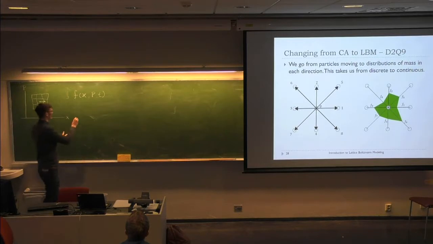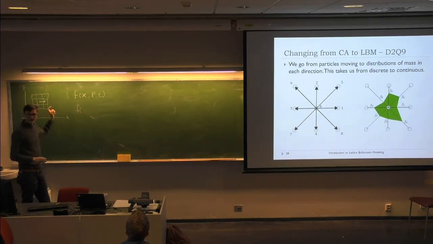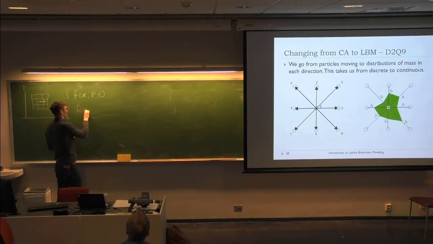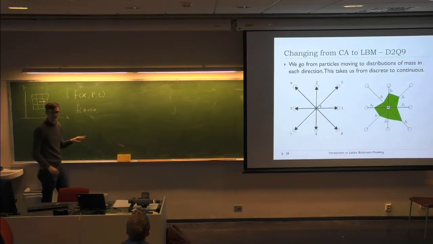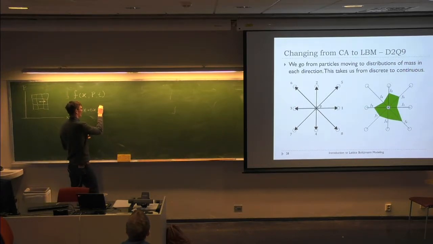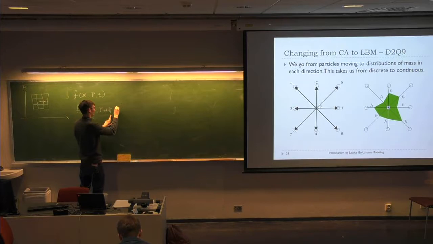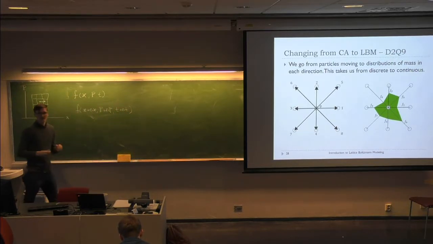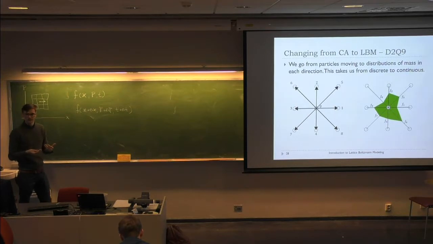So we're going to say that the distribution function at the neighboring point in phase space, so x plus delta x, and momentum plus the change in momentum, and then t plus delta t, we just say that that's equal to the distribution in the previous direction.